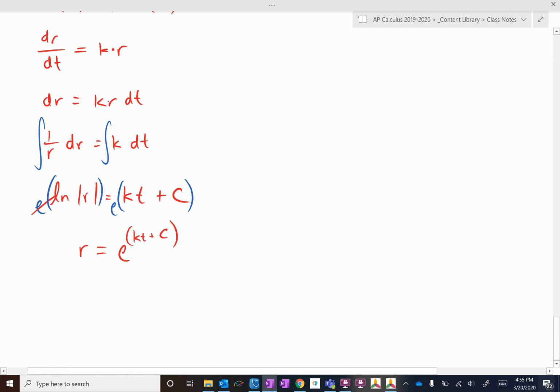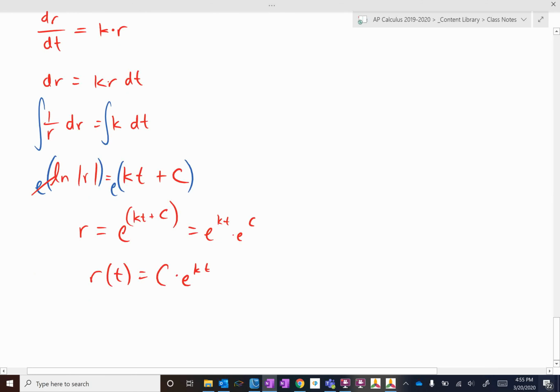We already saw in the previous video that when I'm adding those exponents, I can really rewrite this as e to the kt times e to the C. And really, e to the C is just some other arbitrary constant. So let me actually write this in the next step. So R of t is equal to some arbitrary constant, e to the C, times e to the kt.